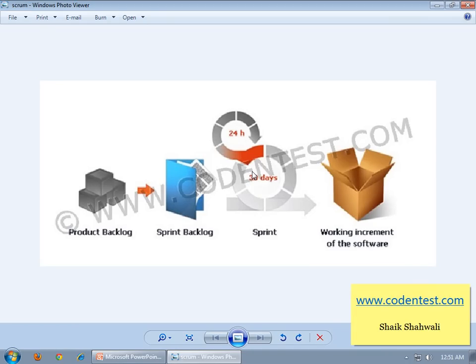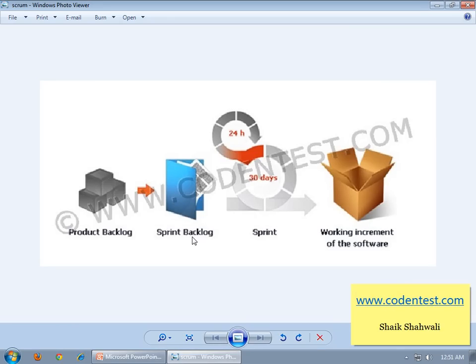The actual development, by which I mean coding and testing, takes place in the sprint, and typically a sprint lasts between 1 week and 1 month.